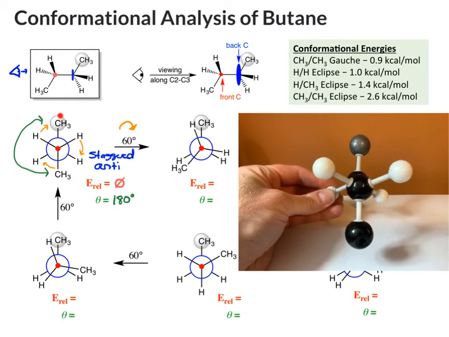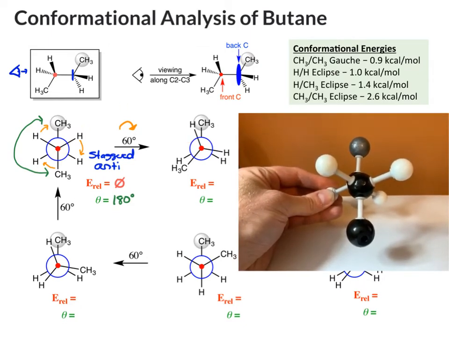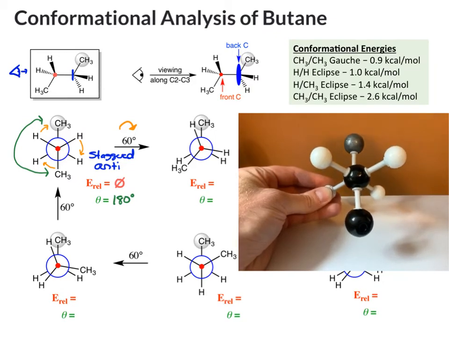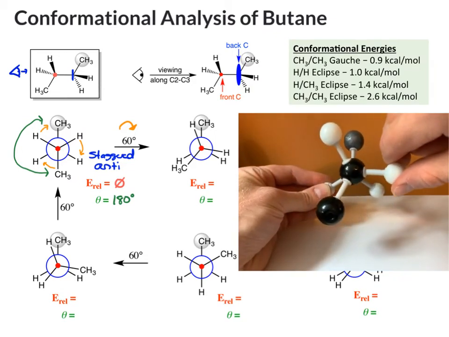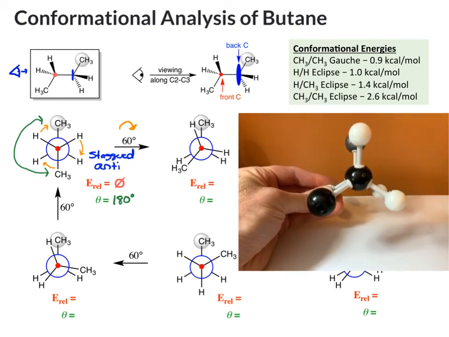Here's the top methyl group on the back carbon right there. And the bond rotation I'm doing to get from this structure to this structure, I'm rotating the front carbon 60 degrees. So that rotates this like that. So now we go from the staggered to the eclipsed conformation.